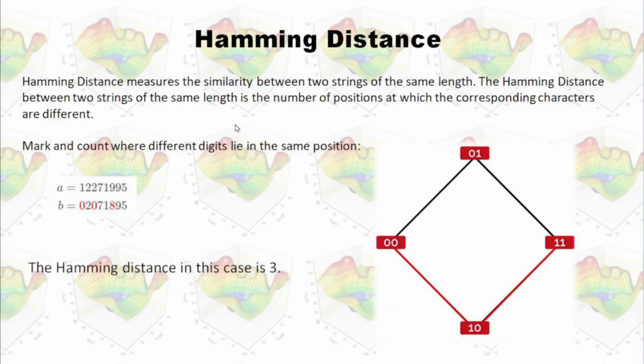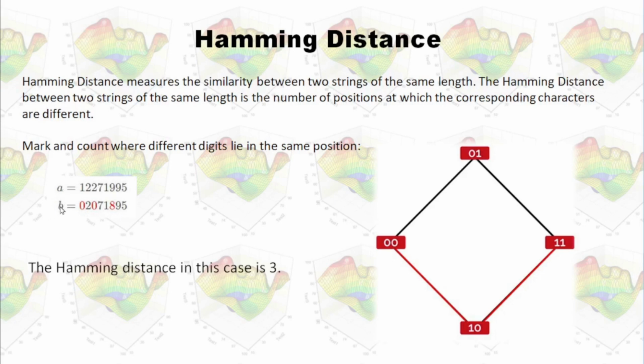Lastly, we have this Hamming distance. Hamming distance measures the similarity between two strings of the same length. The Hamming distance between two strings of the same length is the number of positions at which the corresponding characters are different. Think about those two strings.